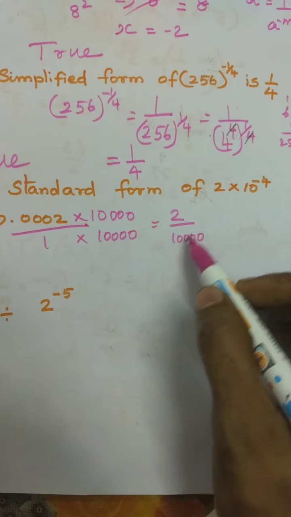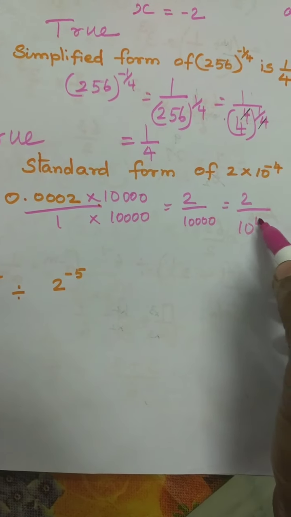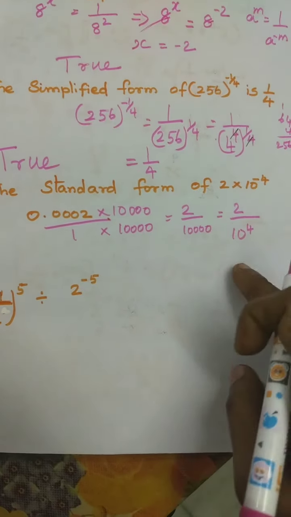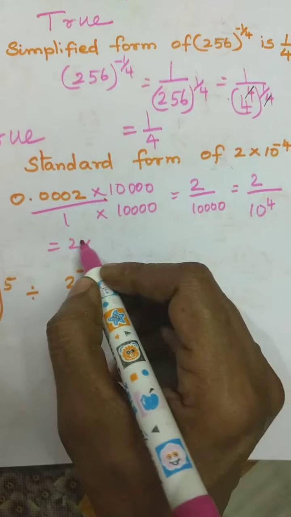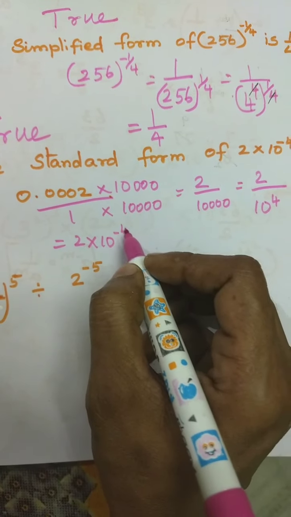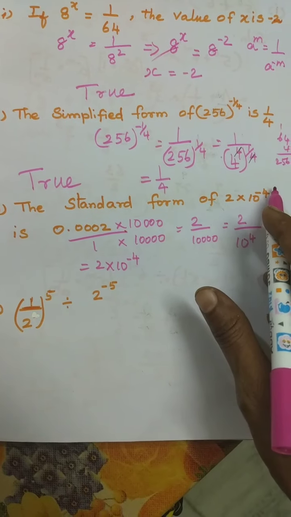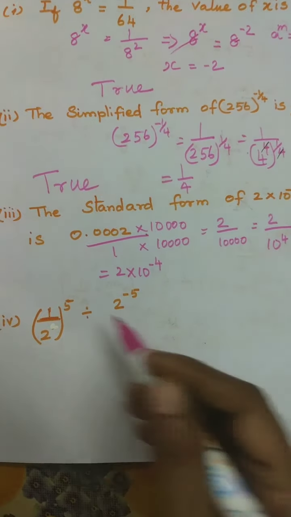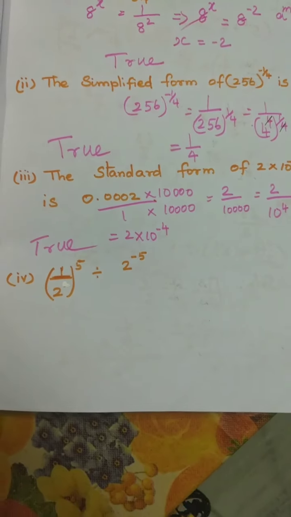We can write this as 2 by 10 power 4. If you bring the 10 power 4 to the numerator, it will come as 2 into 10 power minus 4. So the standard form of 2 into 10 power minus 4 is 0.0002. Is it right now? Yes, it is also true.